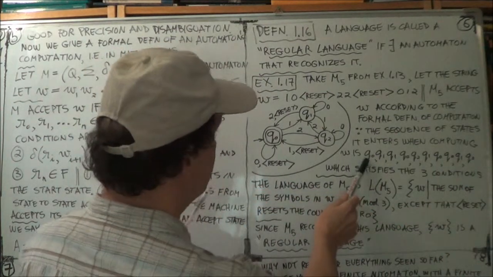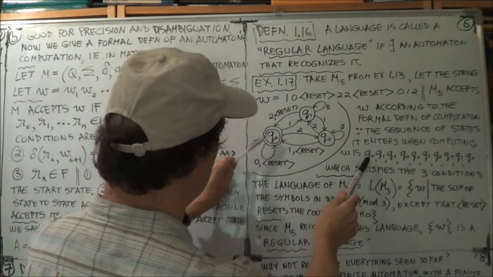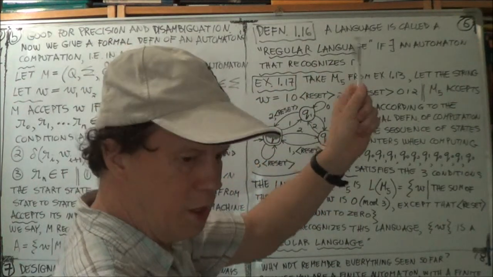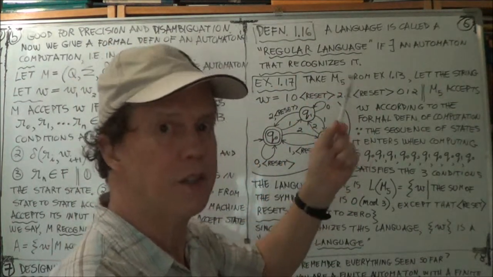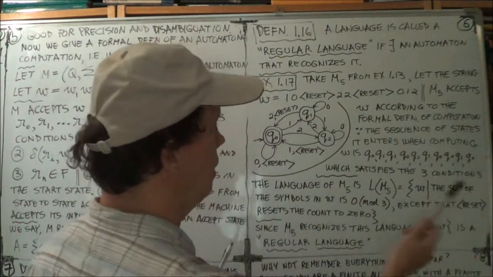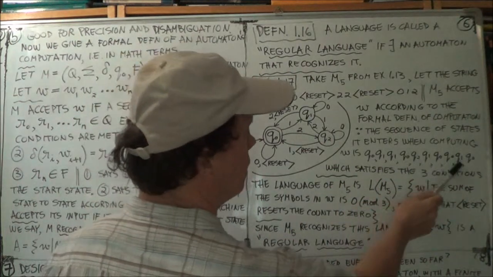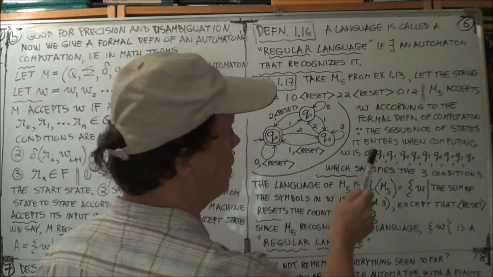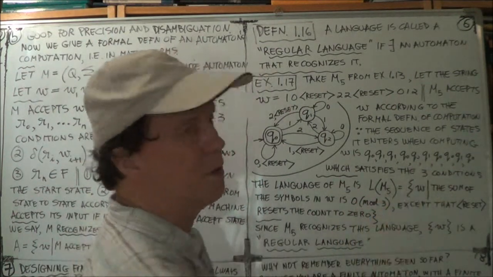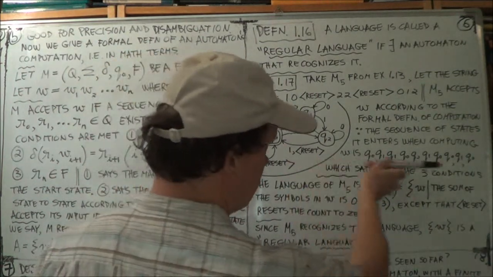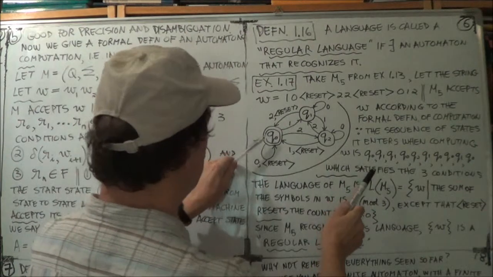Start state Q0. My left hand indicates the current state, and my right hand indicates the corresponding current state in the sequence of states. Time's going this way. Start state Q0.